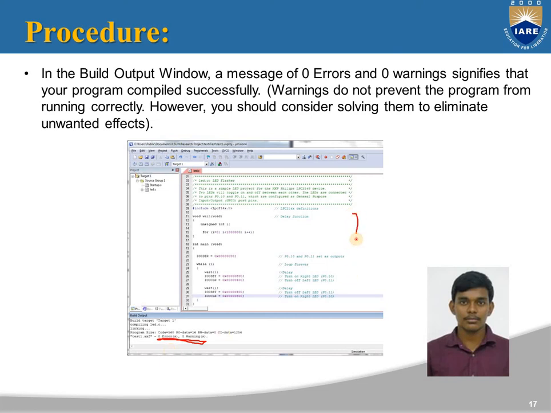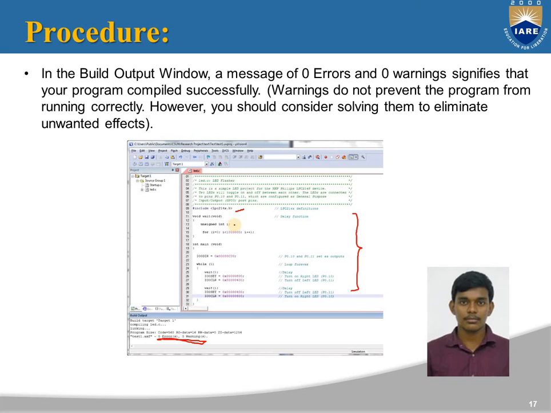While coming to the code, if there is any mistake, automatically you will get errors or warnings. Warnings are sometimes negligible, because the compiler may or may not take them. But the errors are most important.